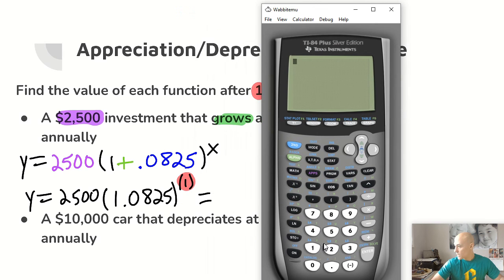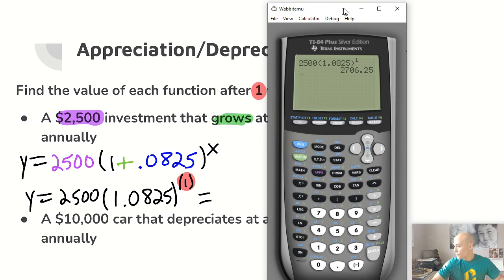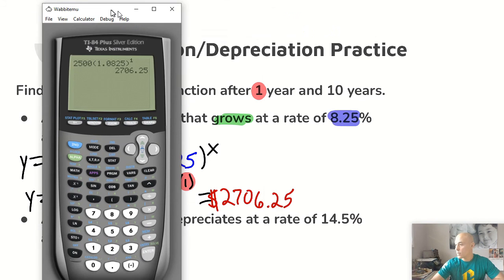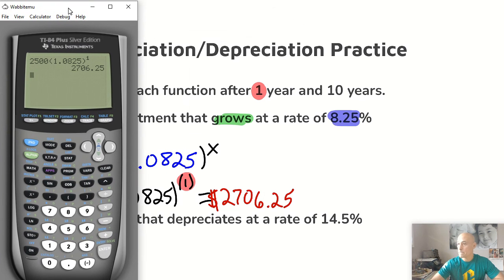So it's going to be 2,500 times 1.0825 to the first power, and I'll get $2,706.25. Sorry about that, that got in the way.